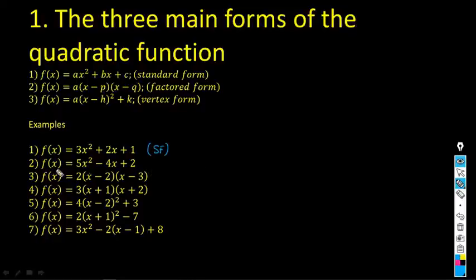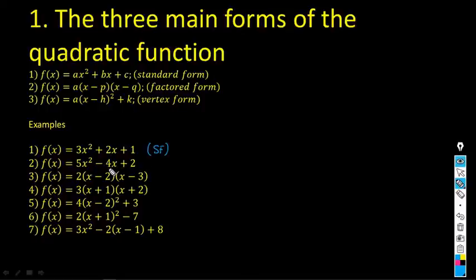So as you can notice, this one almost looks like the standard form. Almost. The reason for the almost is this minus, because the standard form doesn't have a minus in there, it has a plus. Can you see? But other than that, it's pretty much the same.